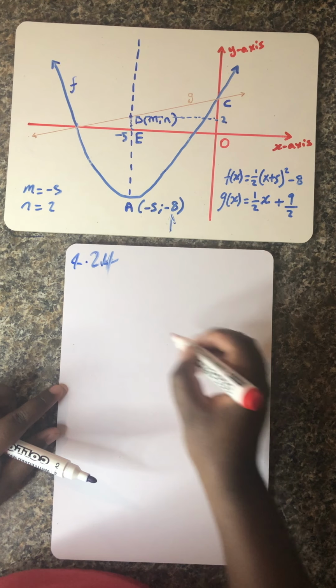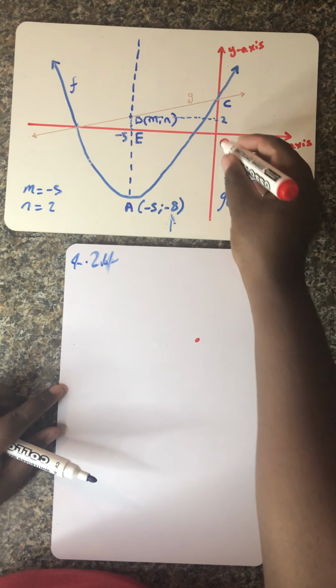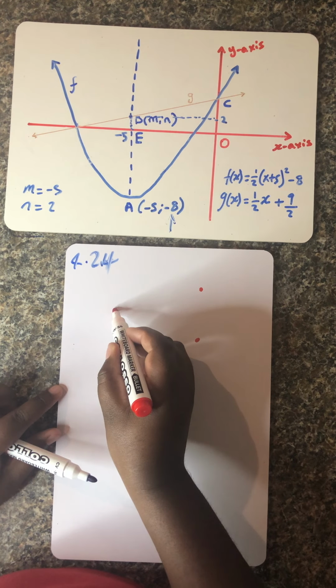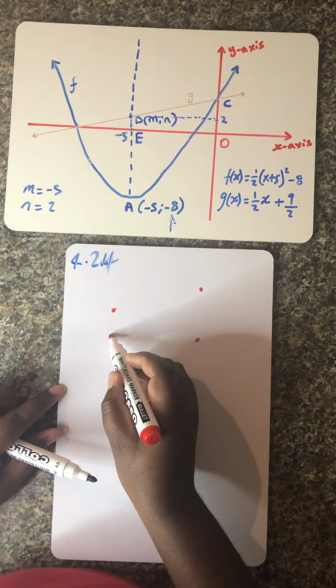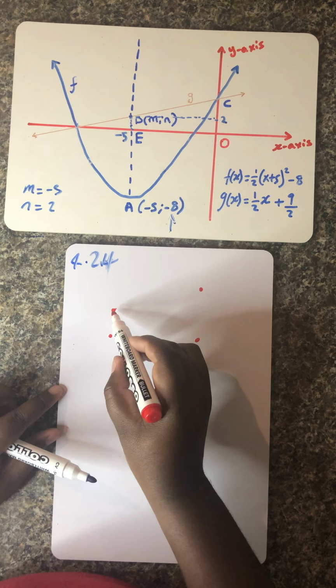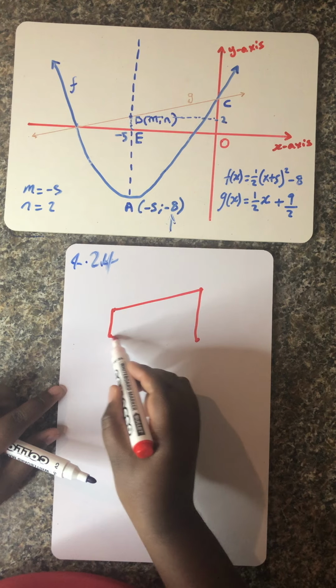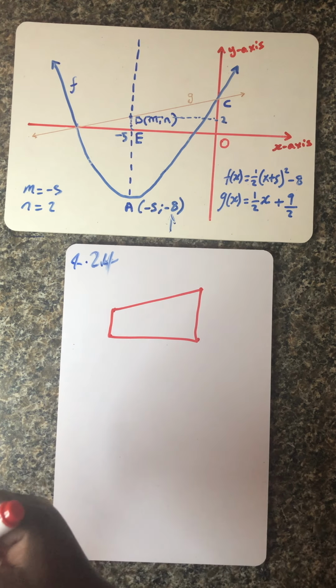We know it's that point. This is the origin, and then they said C, and then they said D, which is somewhere there, and they said E, which is somewhere there. So this is the area of a shape that they want you to calculate.